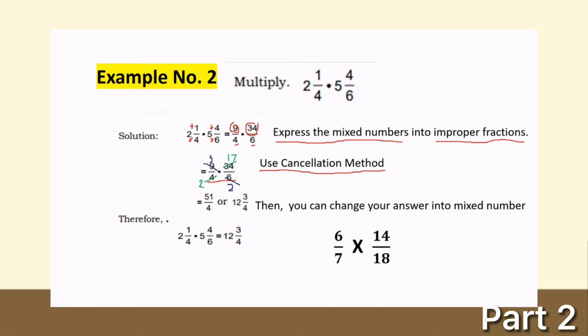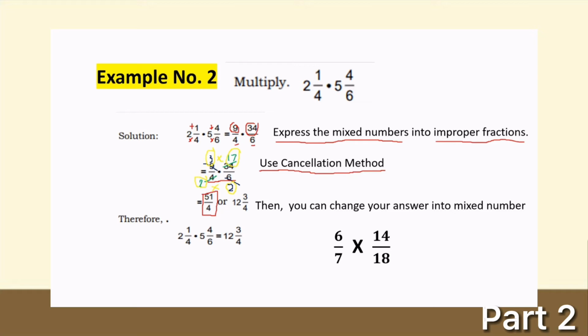So, kung wala, 3 times 17 equals 51. Then, multiply the denominators. 2 times 2 equals 4. So you have now 51 over 4. Or, you can change this to mixed number.